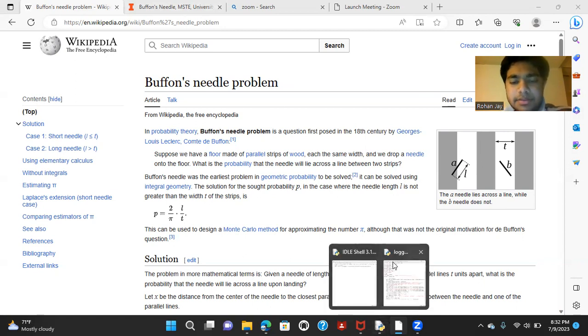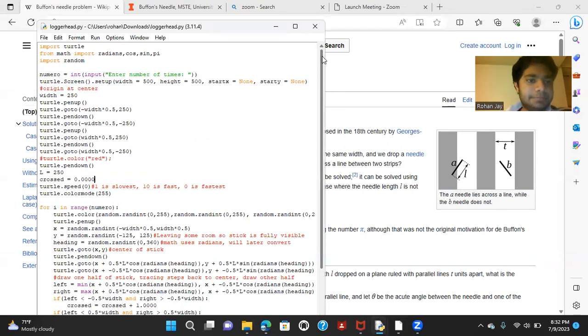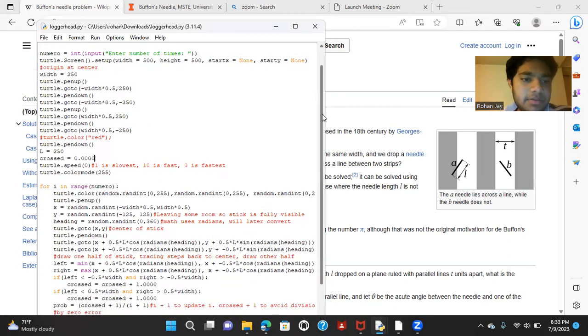So here we have a small Python program to demonstrate this. What this is doing is, first of all, we tell it how many times we want to drop it in order to estimate the probability. And then this is making some visuals for the two lines and the needle.